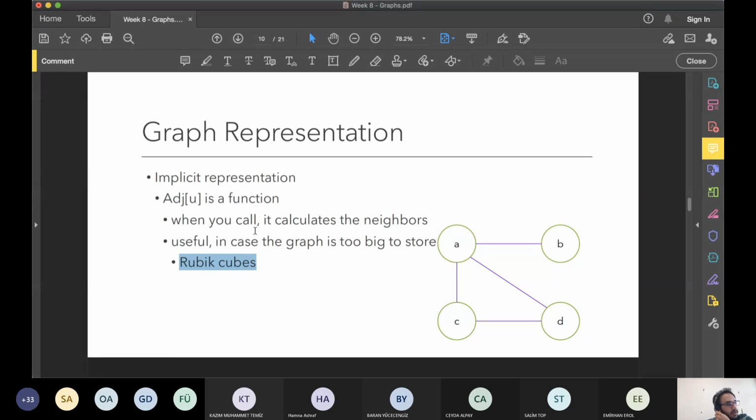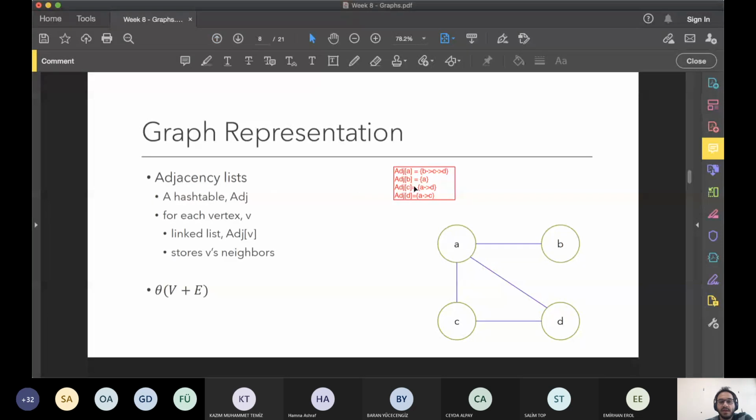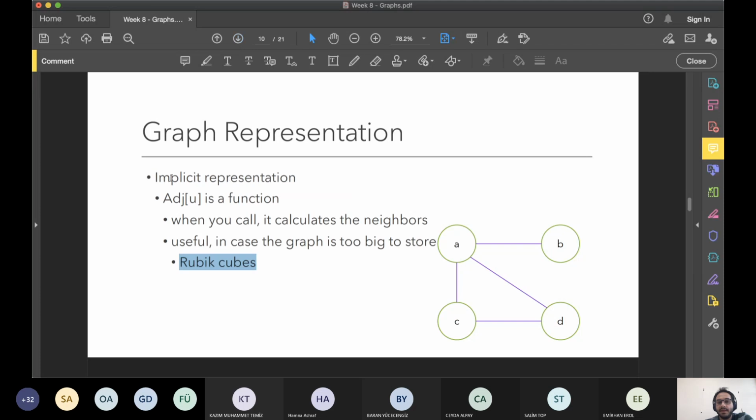I would like to repeat the implicit representation again, and how it differs from the others. When we provide these representations, we explicitly say that, let's say, C is a neighbor of A. But with implicit representation, we do not say this explicitly. Instead, we define a function about the neighborhood.